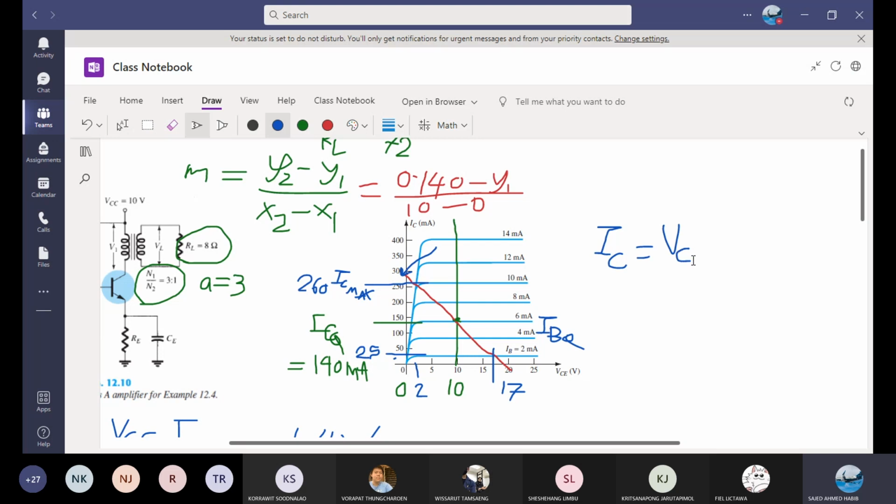VCE over RL prime. VCE equals VCC. So you take 10 and then 72. This is one peak. 10 over 72, how much is it? 0.139 amp. So 139 milliamp.